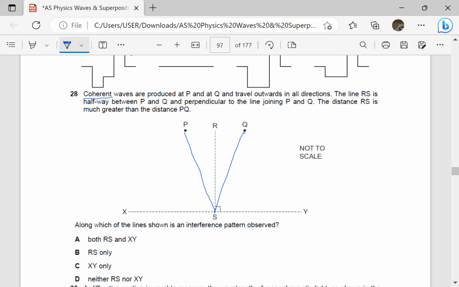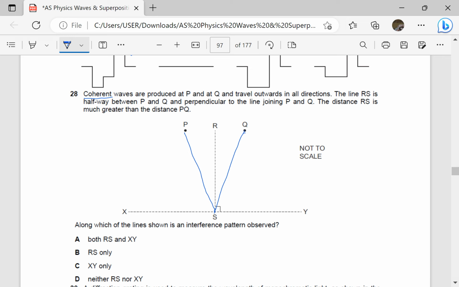Since they maintain a constant phase difference, if we assume that they start with a phase difference of 0, then at S we expect constructive interference. So along which of the lines shown is an interference pattern observed? We have RS and XY.